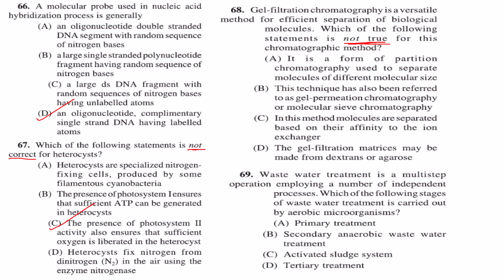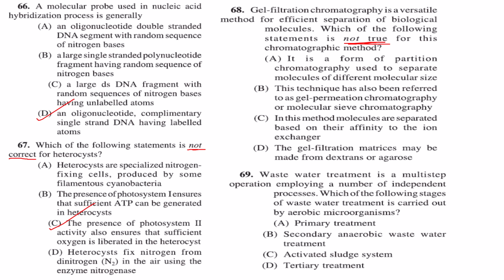The molecules are passed through a column filled with porous gel matrix, and the larger molecules do not enter the pores of the matrix and will pass through the column quickly, whereas the smaller molecules will enter the pores and will come only later.